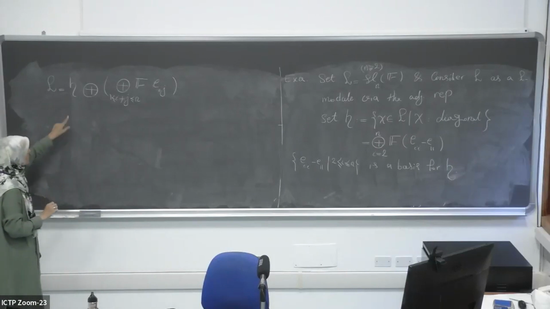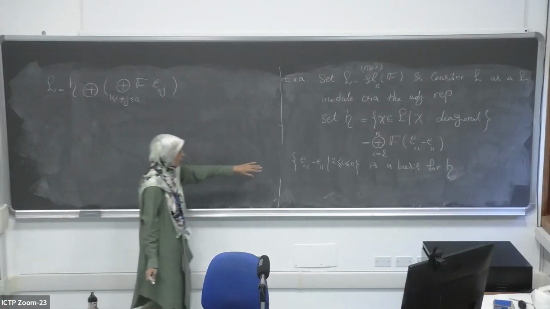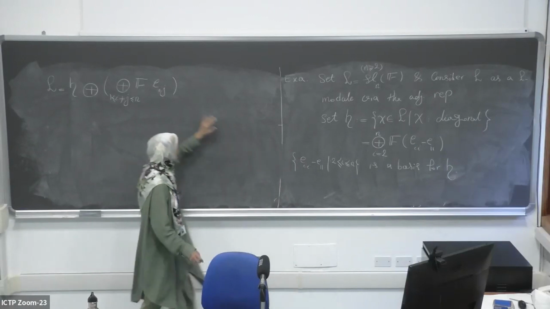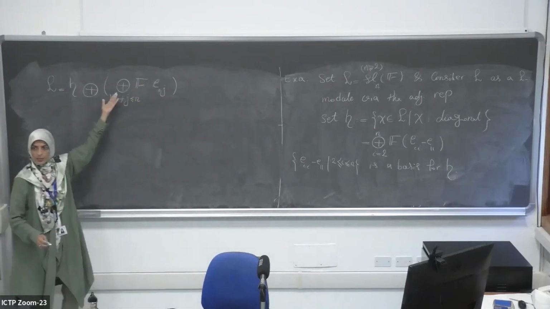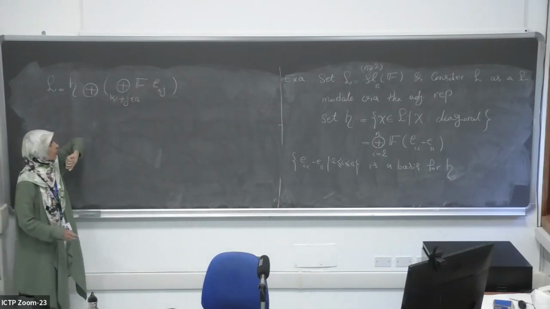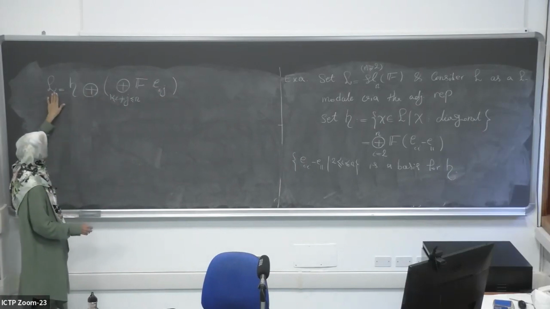So I have a basis for H here, and these elements are also a basis for the other part, so we get a basis for L.